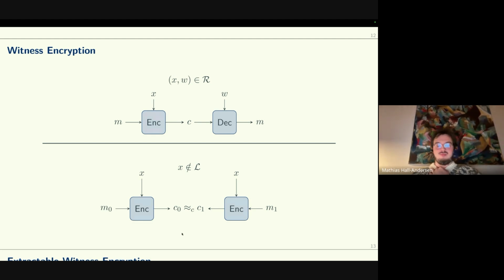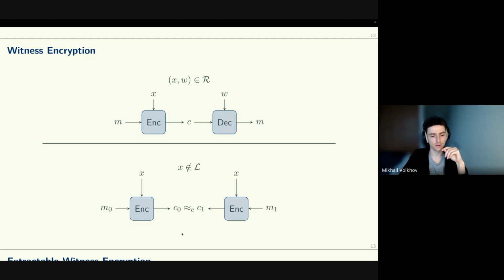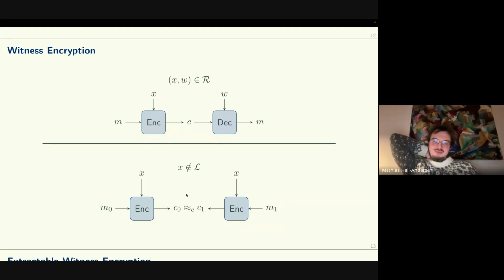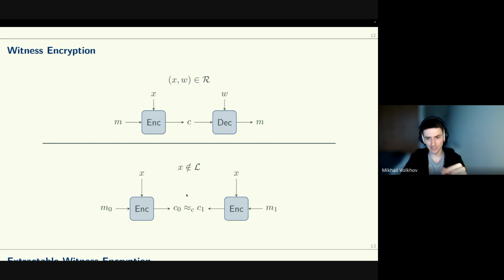I think that I'm maybe not getting something. Maybe in the public key case, the public keys are always valid. So I assume the concrete real world example of me using witness encryption is that I pick a valid instance to which I know the witness, right? And I encrypt something to you, and I want you to not know what I encrypted unless you know the witness. But my instance is valid, so my case would be the bottom case, but with X in the language. That's my confusion.